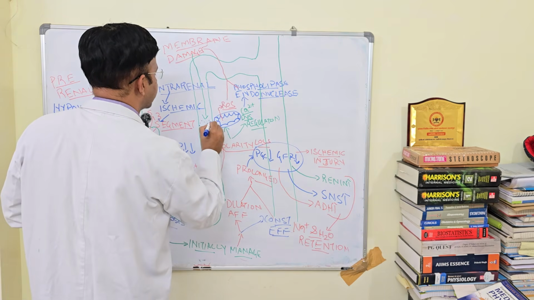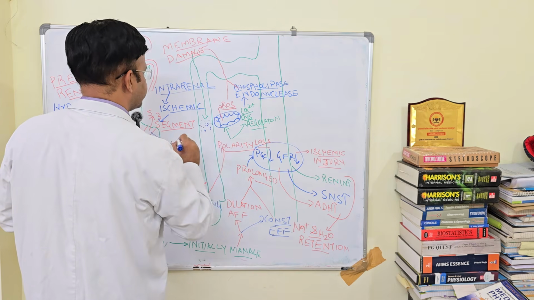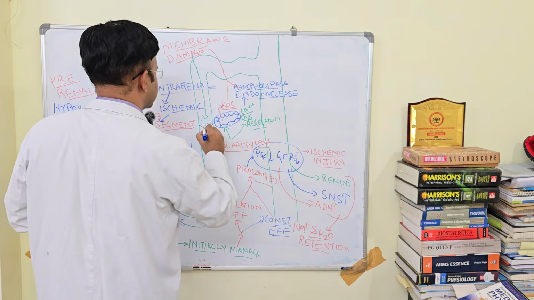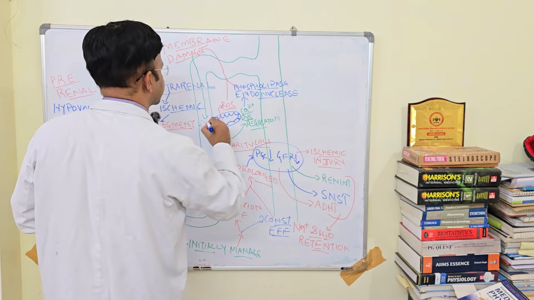These muddy brown granular casts are going to block your tubules.